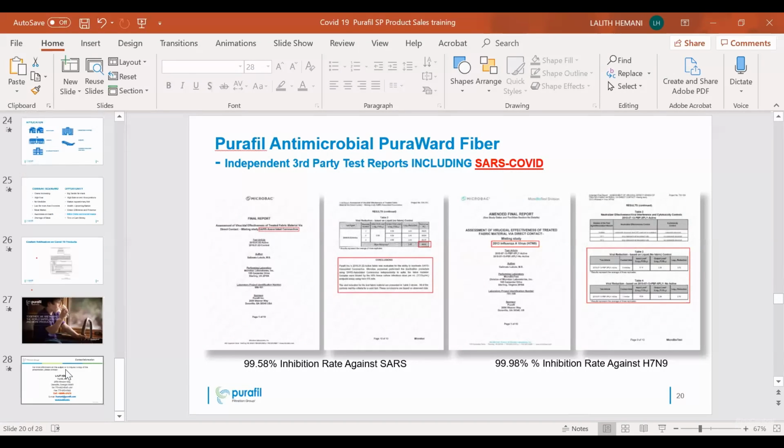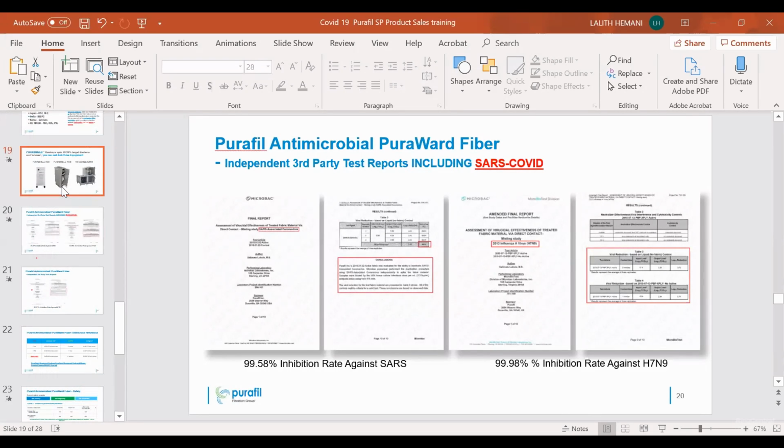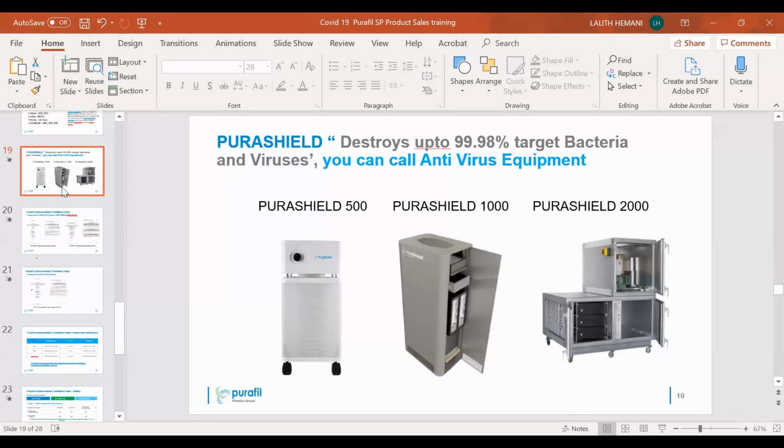Excuse me, sir. I have a question. As we all know, the government is saying centralized air conditioning is not safe, that there is a danger of outbreak of COVID-19. So can we suggest our customers go for this additional module in their existing unit?